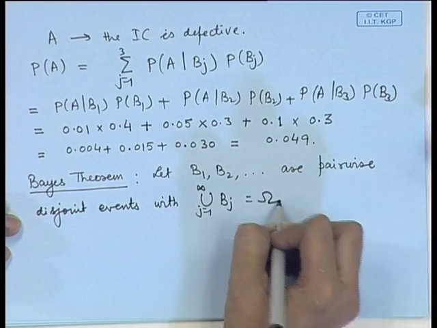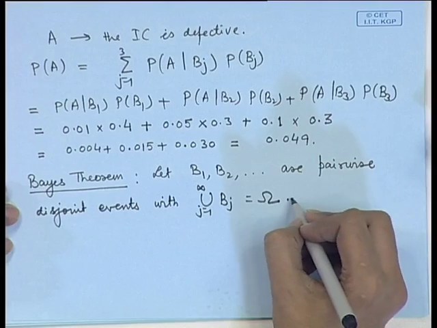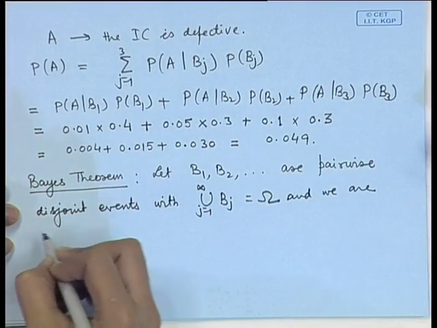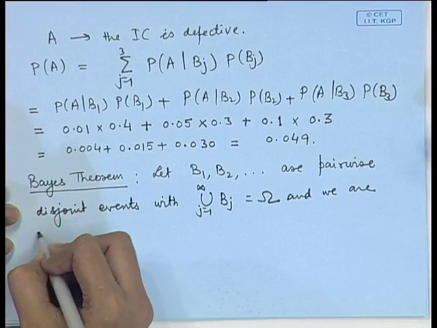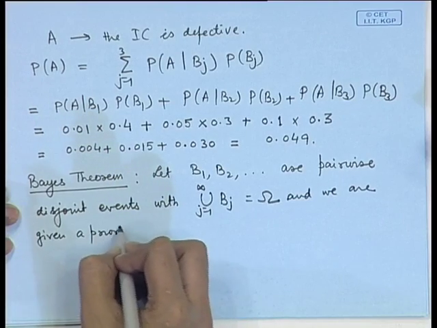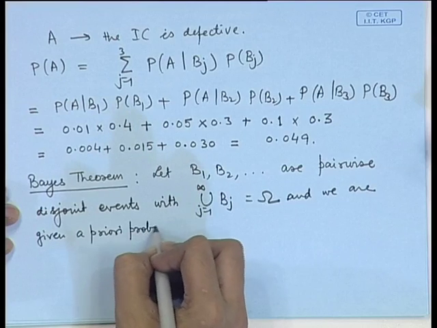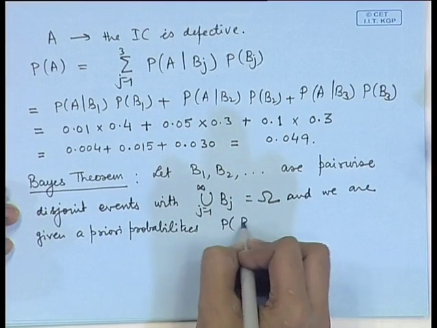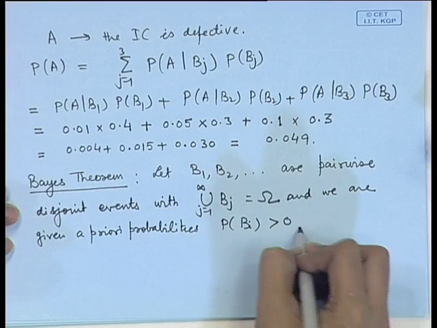That means they are exhaustive also, and we are given a priori probabilities, probability of B i as positive.